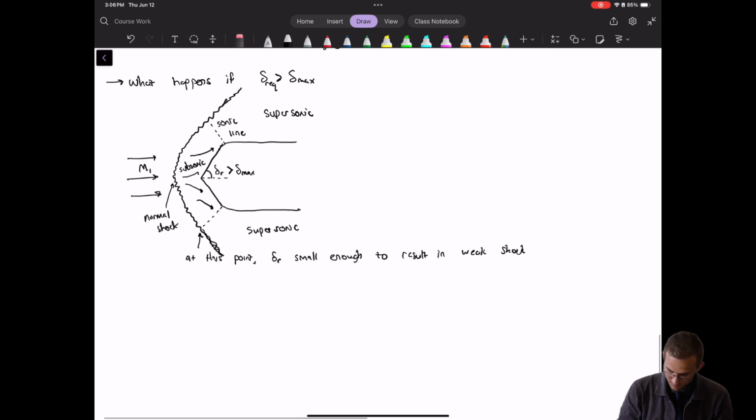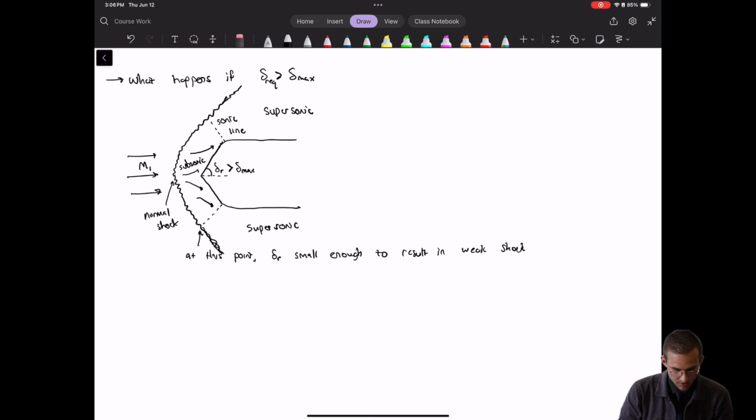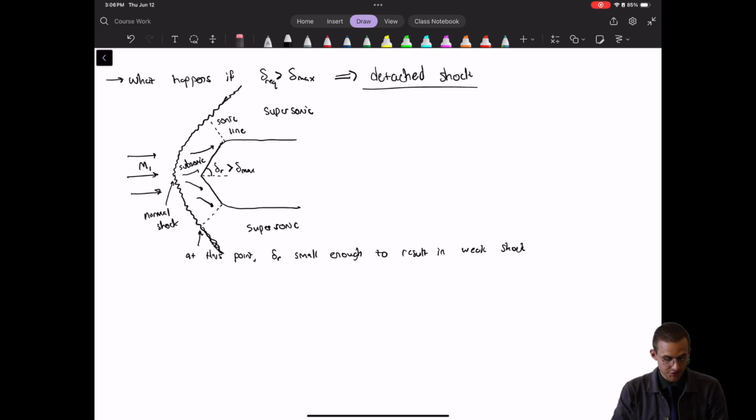Okay, so detached shock here. I didn't write this down. So in words, what happens is we have a detached shock. Make sure we get that down on the page here.